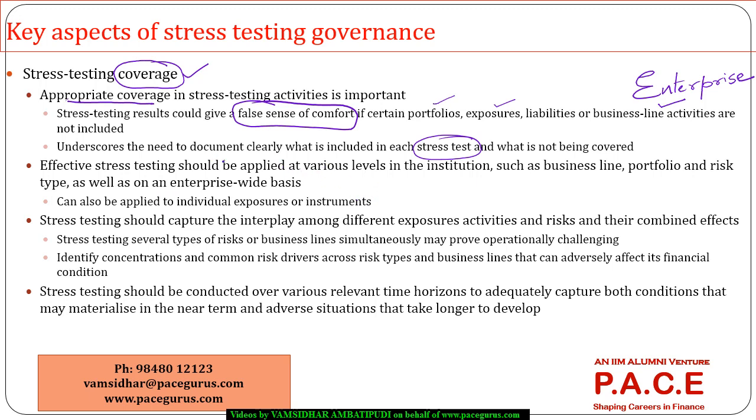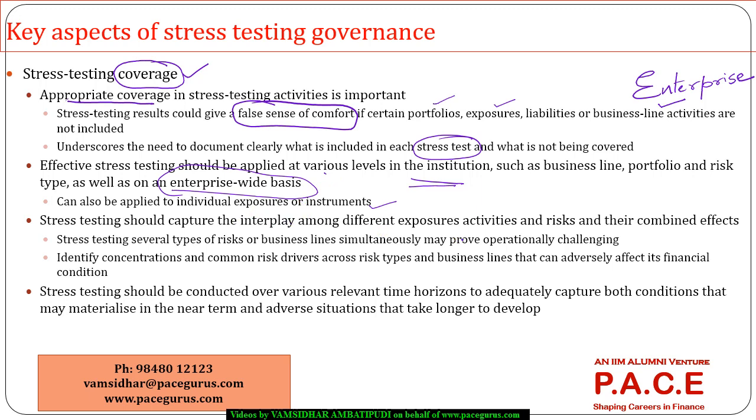And effective stress testing at various levels, various departments, has to be performed, but along with that, even an enterprise level consolidation needs to be done. So it can be at an individual exposure level or an instrument level. I can apply it department wise and then enterprise wise, or different kinds of individual exposures and then aggregations. But we need to understand what all are covered and what all are not covered, right?